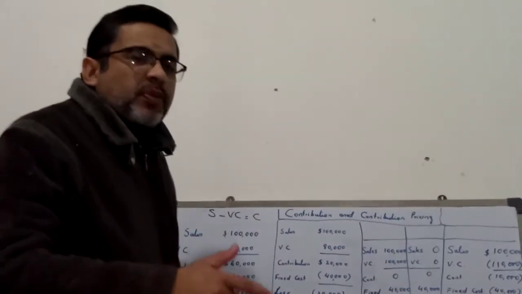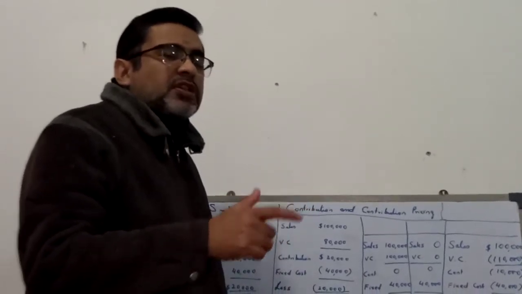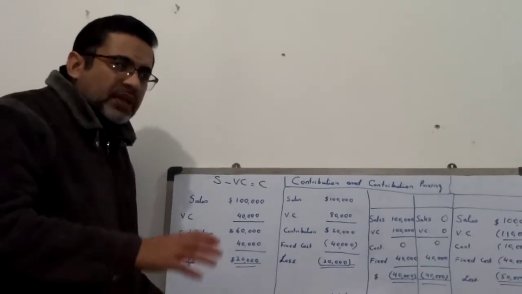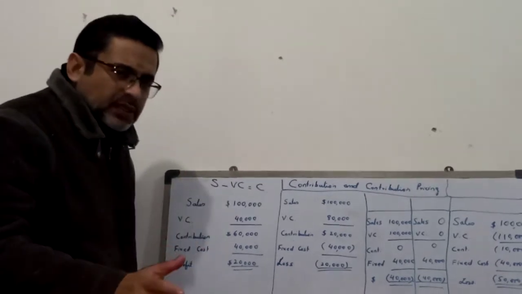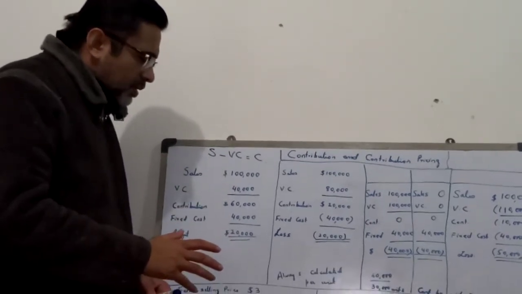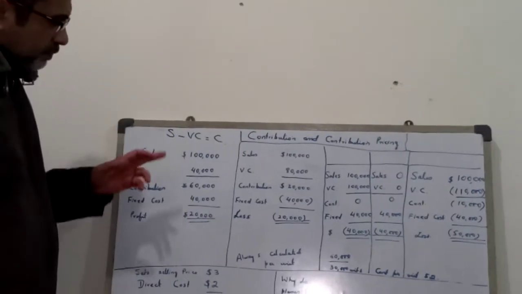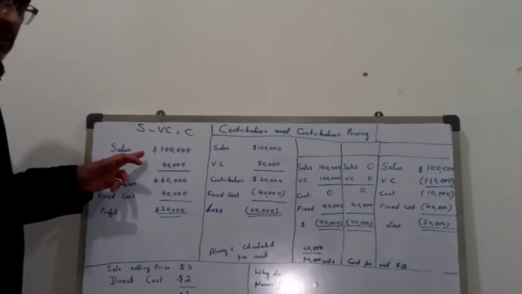Contribution is almost always reported as contribution per unit, but here we are going to see its total amount and its significance, and then we will convert it into per unit. So look at the first example. In the first example, the firm is making a revenue of 100,000.